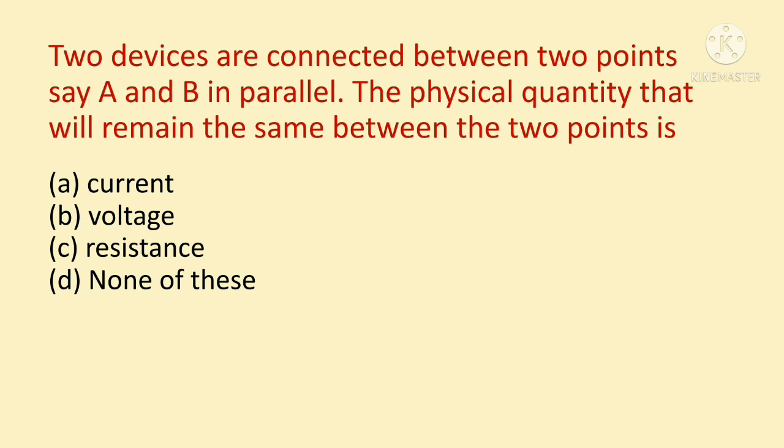Usually we connect a voltmeter parallelly, and what does a voltmeter measure? It measures voltage. Therefore, your correct answer is option B, that is voltage. It remains the same between 2 points, which is measured by a device called a voltmeter.